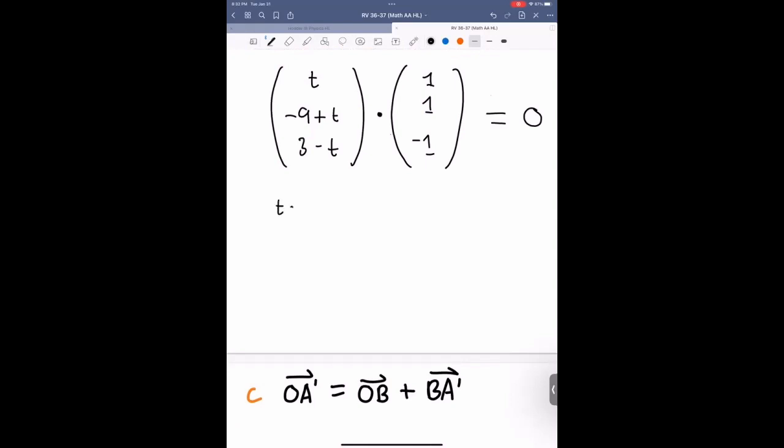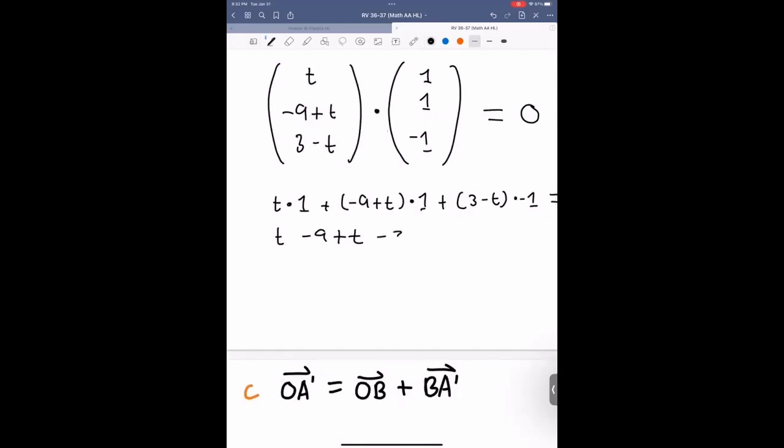So t times 1, plus (-9 plus t) times 1, plus (3 minus t) times -1 equals 0. Now let's simplify. Add like terms and solve for t.